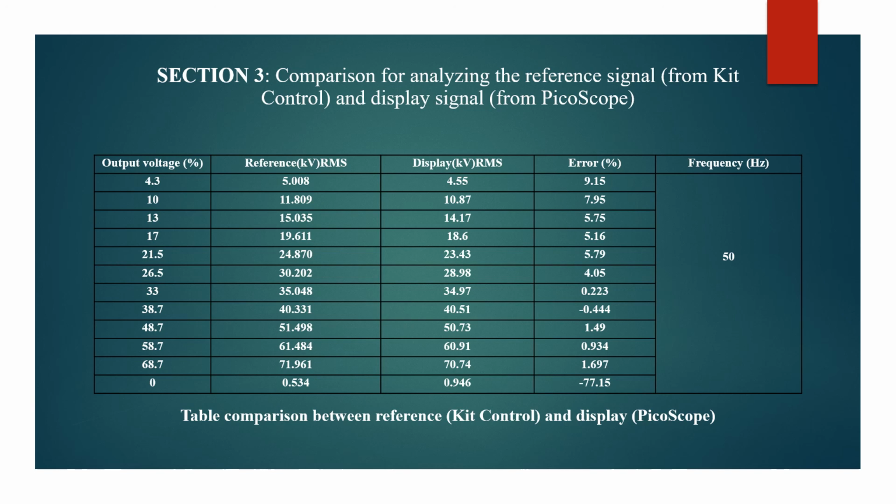And the output voltage starts from 4.3 to 10, 13, 17, 20.5, 21.5, 26.5, 33, 38.7, 48.7, 58.7, 68.7, and lastly 0. And the error percentage is the result from the calculation between reference and display, and the frequency used is 50 Hz.